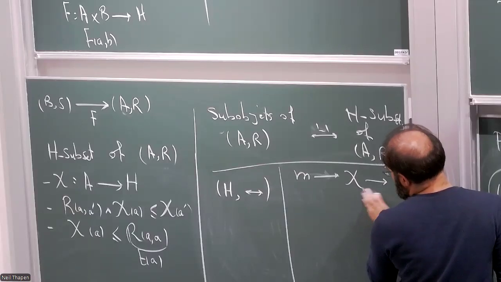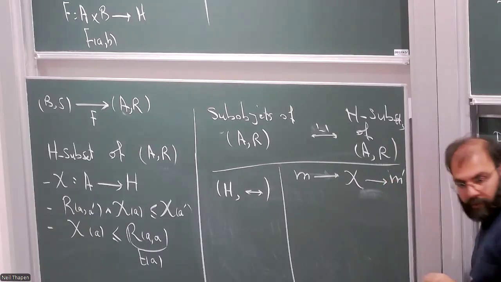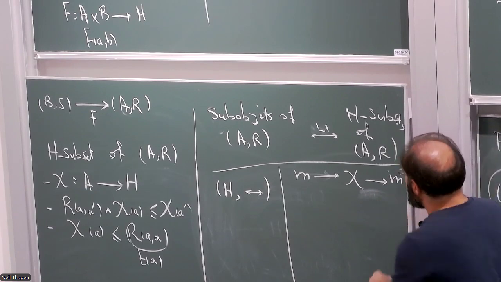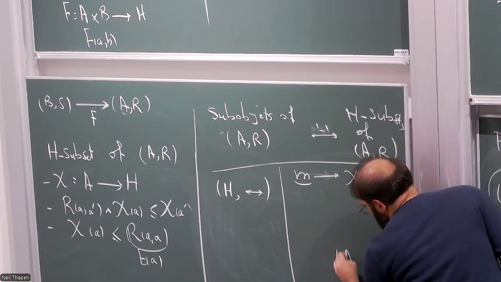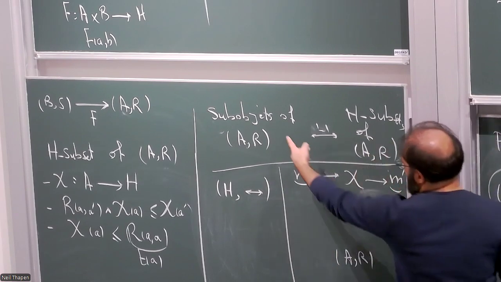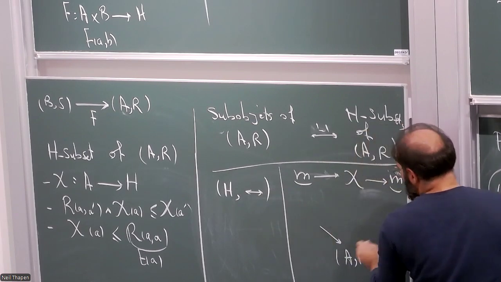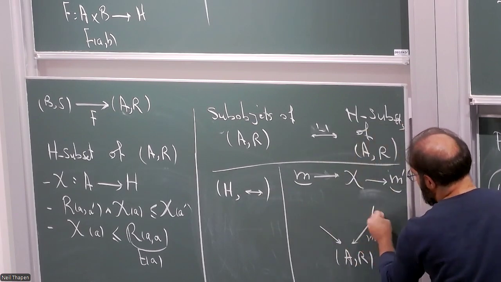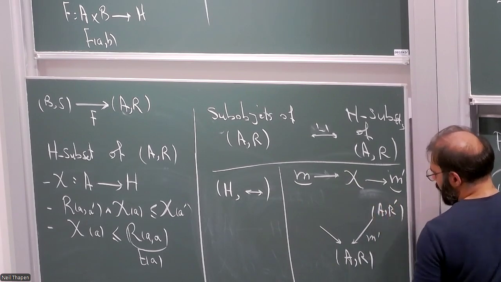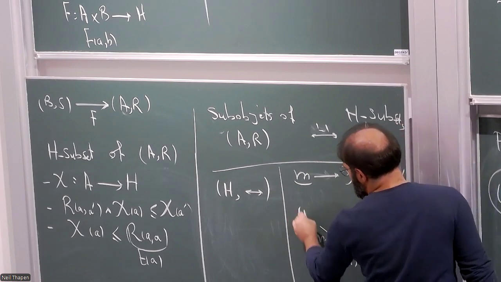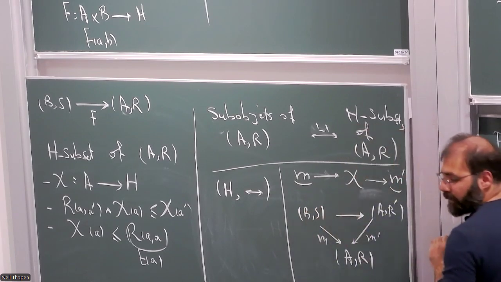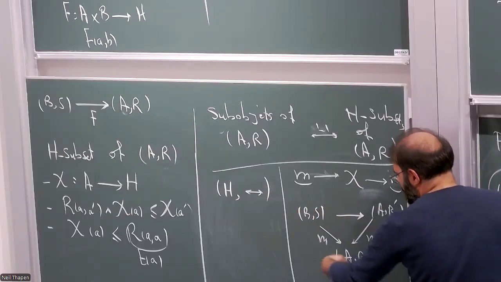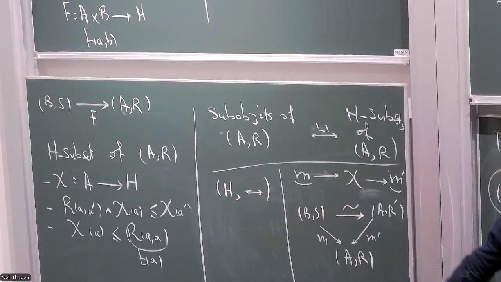So then let's say that chi and then M prime. And then up to isomorphism simply means that M and M prime are isomorphic, meaning that A R is some object in the category. You have two things. This M prime is A some R prime, right? And this M is some B S. So what I mean is that there exists a map, H set map here, such that this is an isomorphism and it commutes.